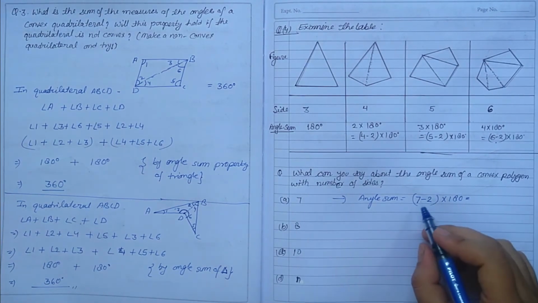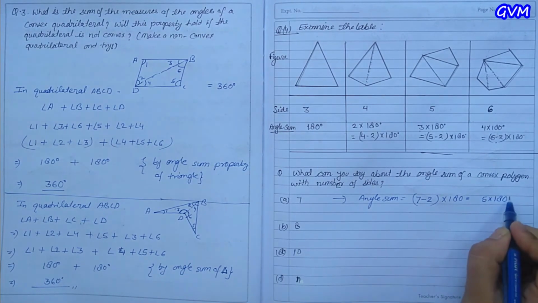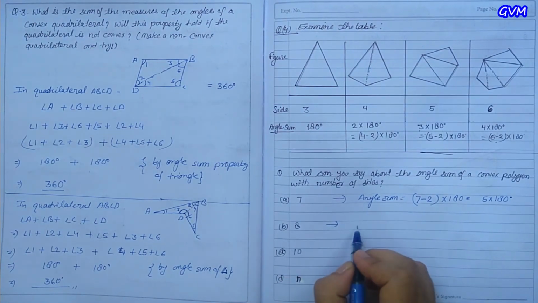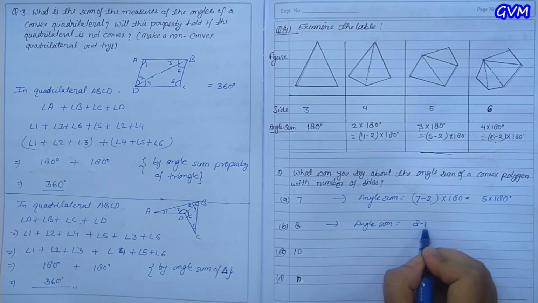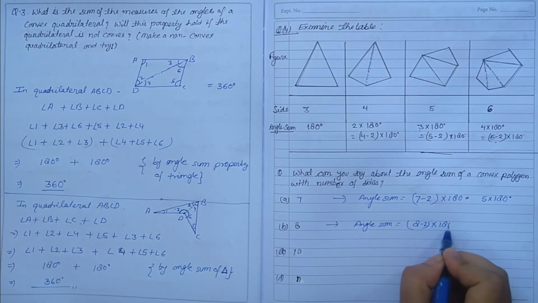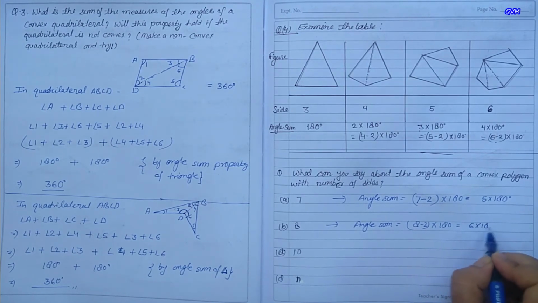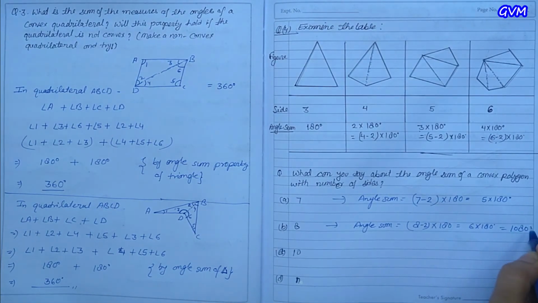That is 7 minus 2 is 5 into 180 degrees. When we have 8 sides, the angle sum is 8 minus 2 into 180, or 8 minus 2 is 6 into 180. Or you can solve it further, that is 1080 degrees.